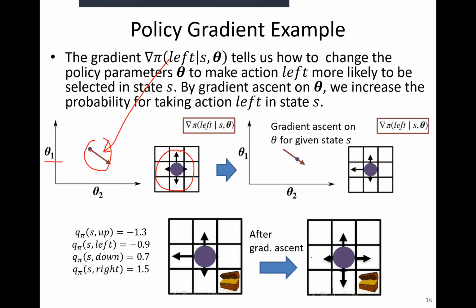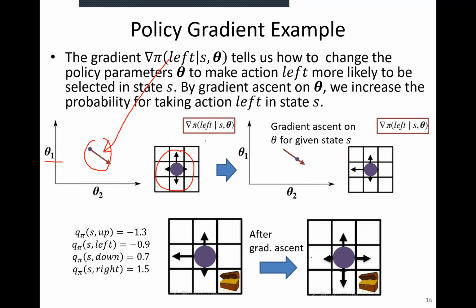You must move your parameters in this direction. That is to reduce theta 1 and increase theta 2. So it tells you how to change the policy parameters to make the action left more likely to be selected instead.